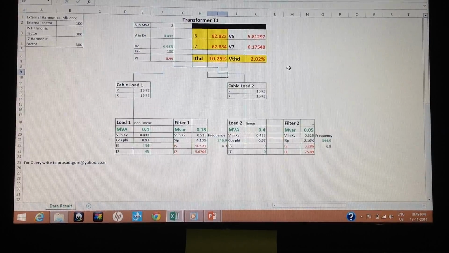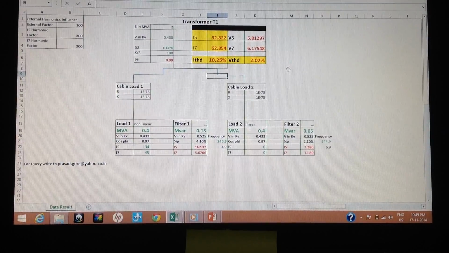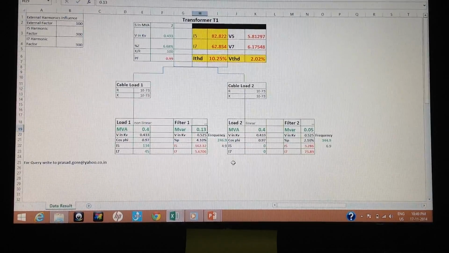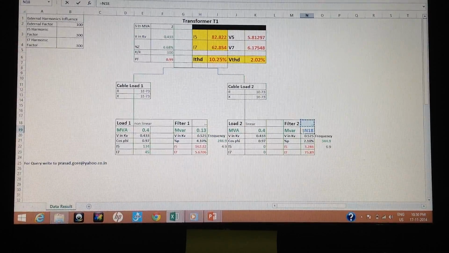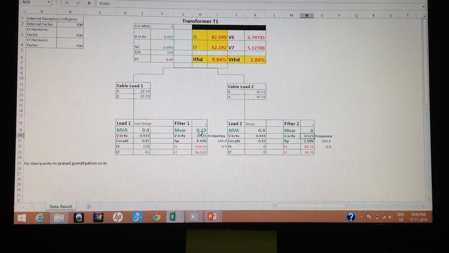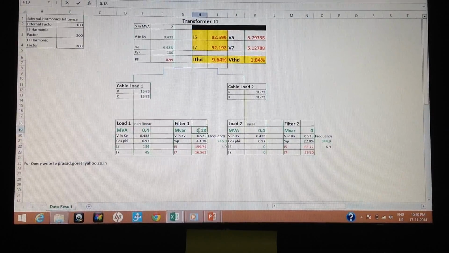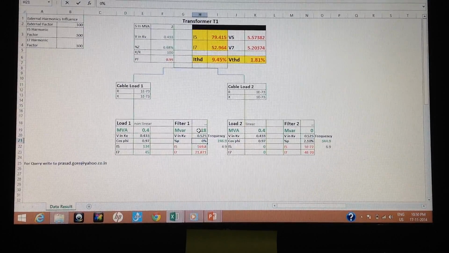Let's have the scenario wherein I am talking about parallel resonance conditions, where you don't use any harmonic filtering and you just use a normal, plain capacitor, and let's see what happens. 0.18. Let's see what happens.